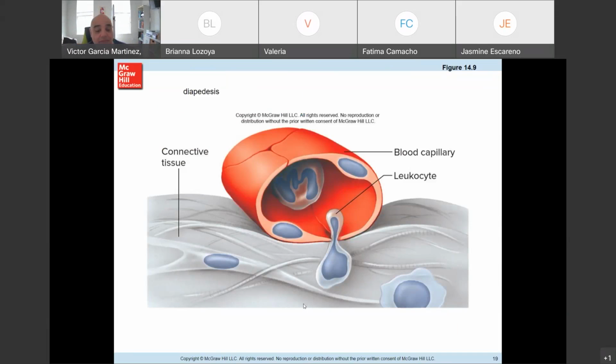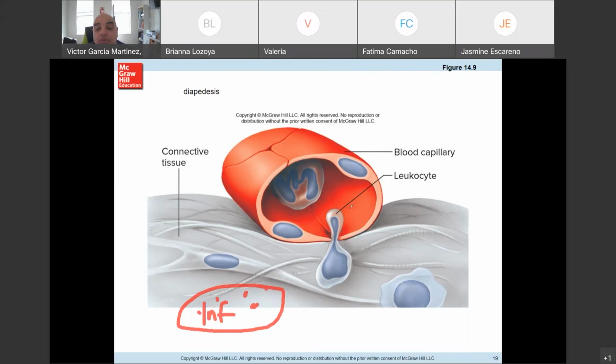For example, imagine we have an infection, this is the place of infection. We have bacteria here. Then we're going to need some white blood cells to attack these bacteria. We have a lot of bacteria here, and we need these bacteria to be attacked by white blood cells.